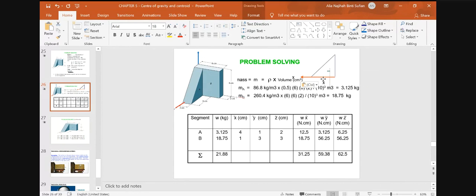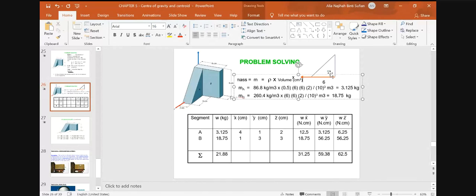Okay, Farina, now try to look at the distance for the x-axis for segment A. How much is the distance? 6. Okay, 6. So I draw 6 here, from the end of the triangle to the beginning of the triangle.